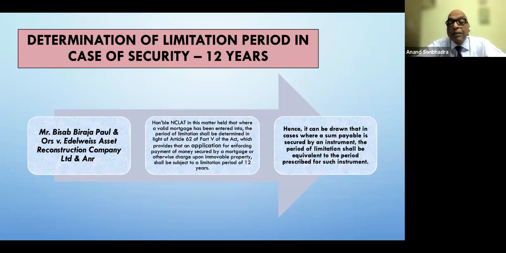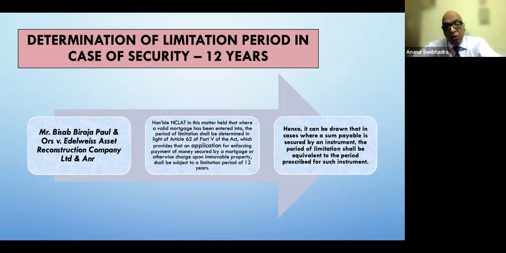And what I write is, hence it can be drawn that in cases where a sum payable is secured by an instrument, the period of limitation shall be equivalent to the period prescribed for such instrument. I'll just repeat that. We are looking at a security, and security is made via an instrument professing that security.